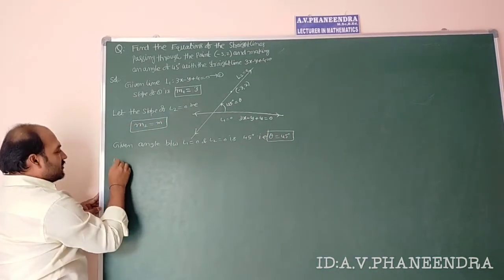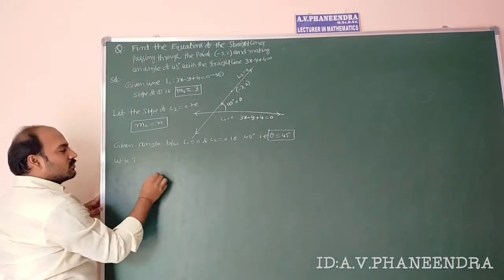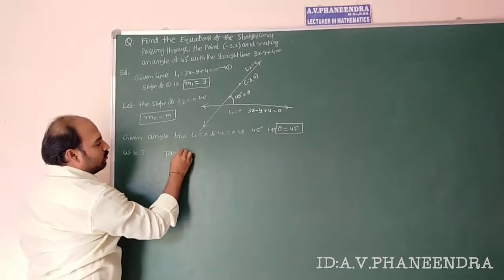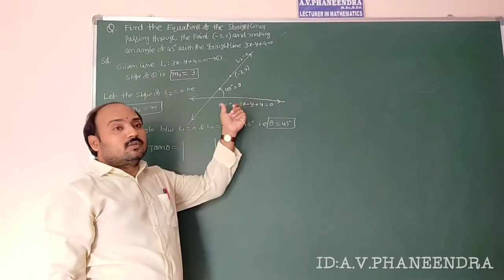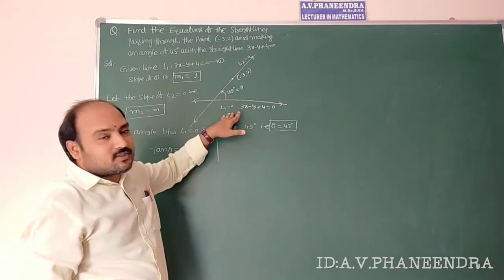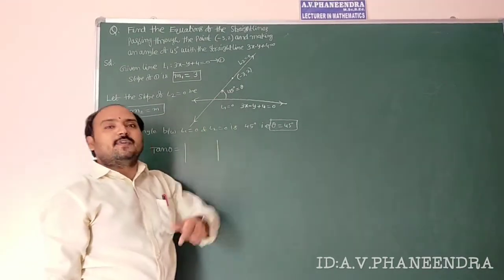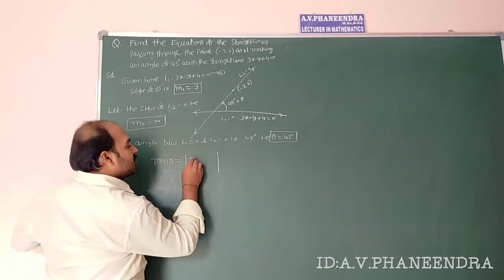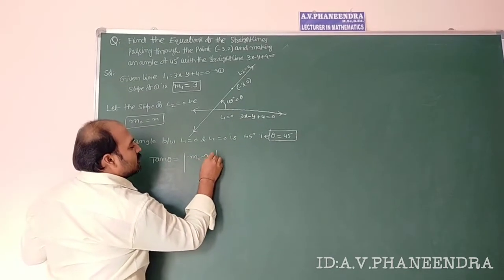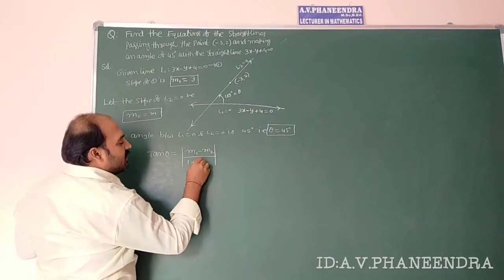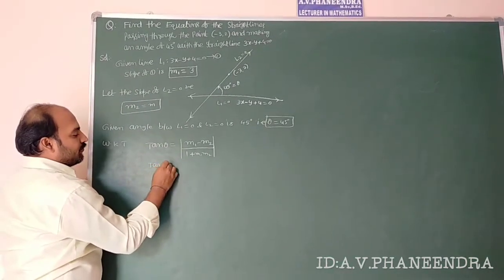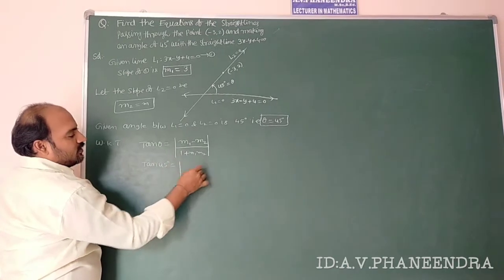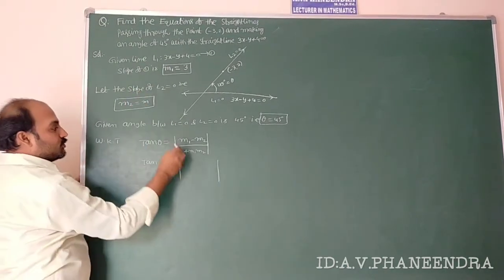We know that tan theta gives the angle between two lines whose slopes are m1 and m2 respectively. We have the formula tan theta equal to m1 minus m2 by 1 plus m1 m2. In place of theta substitute 45, and substitute the respective values of m1 and m2.